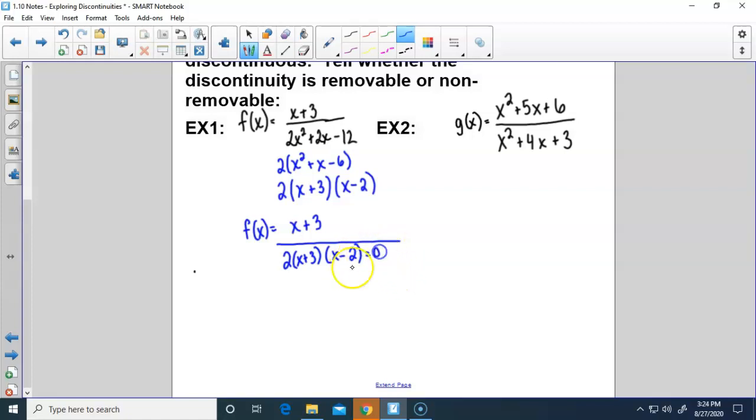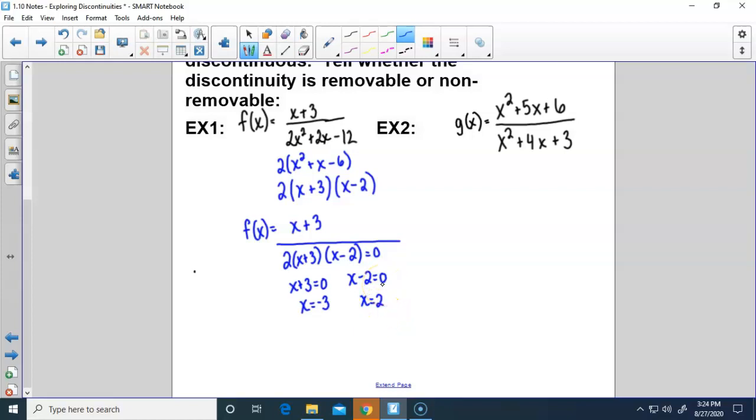So if we take this denominator and set it equal to 0, then 2 equal to 0 would not give us anything. We would have x plus 3 equal to 0, which of course would give us x equals negative 3. And we would have x minus 2 equals 0, which of course would give us x equals 2. So we have discontinuities at both of these places, x equals negative 3 and x equals 2.